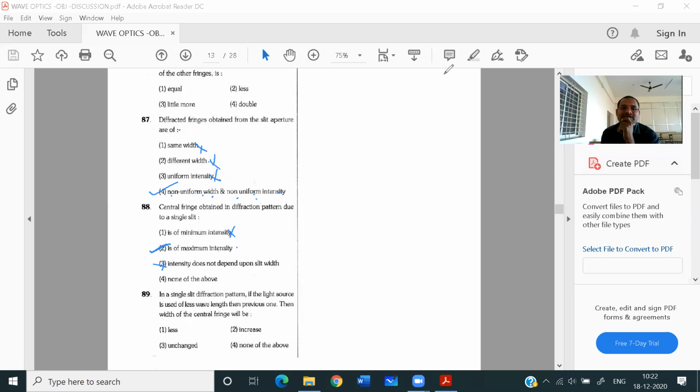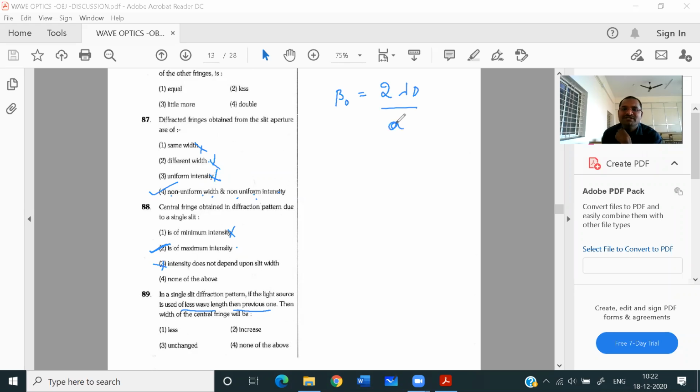Next, question number 89. In a single slit diffraction pattern, if the light source used is of less wavelength than the previous one, then the width of the central fringe will be, see, the formula is 2 times lambda capital D by small a.